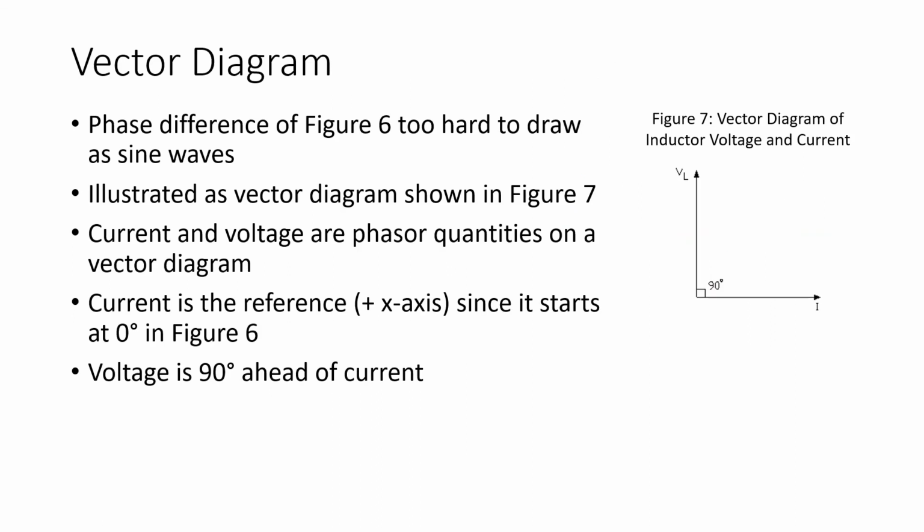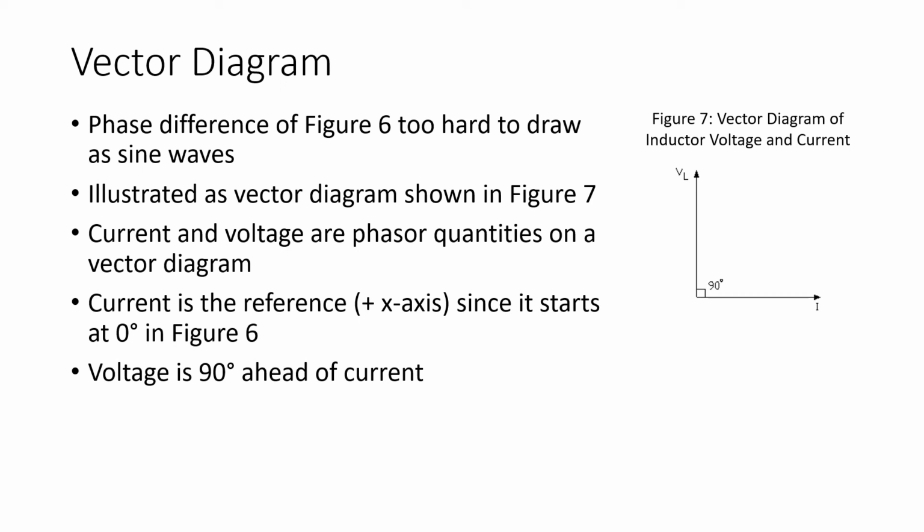Now, trying to illustrate this phase difference between voltage and current in an inductor is difficult by sketching the sine waves that we saw in figure 6. So what we do is we illustrate this phase difference using a vector diagram as shown in figure 7.